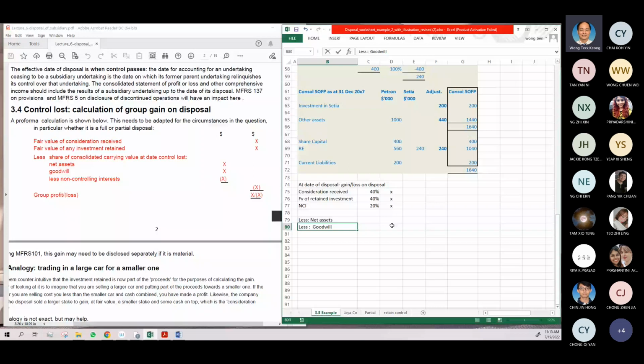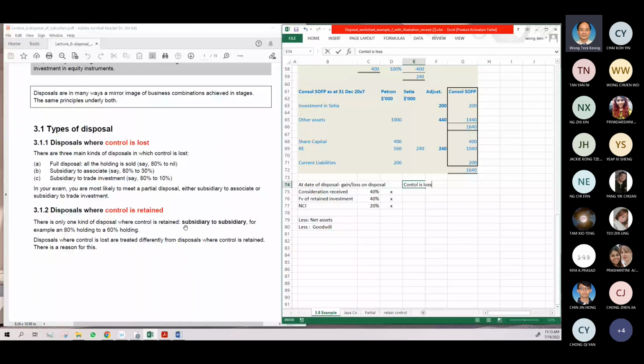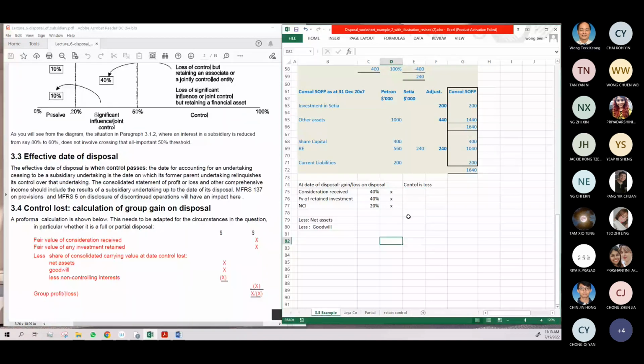Okay, it will be here under subsidiary to associate. So 80% becomes 40%. 80% subsidiary becomes 40. Control is lost. Then you minus net assets. So you minus the goodwill, then you have a gain or loss on disposal. Then you go to your P&L. Control is lost. Okay.